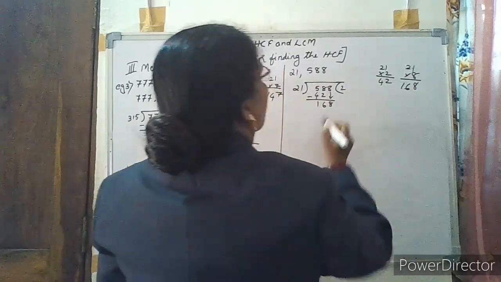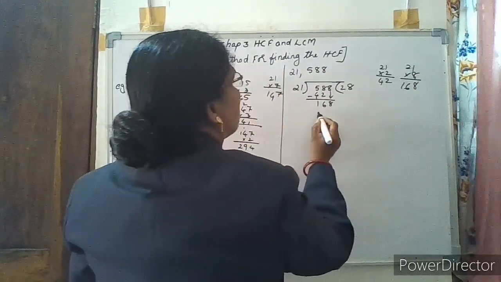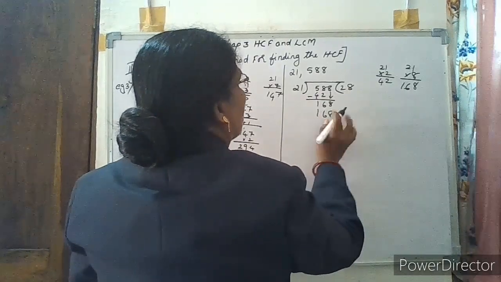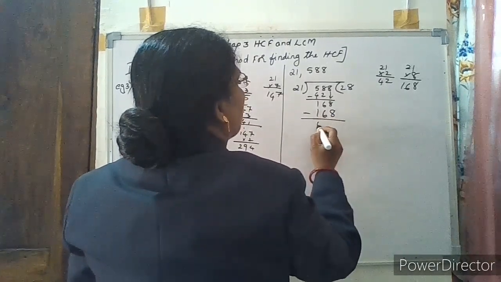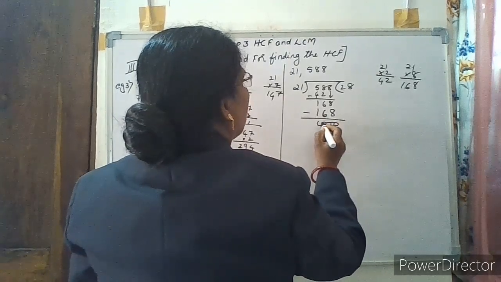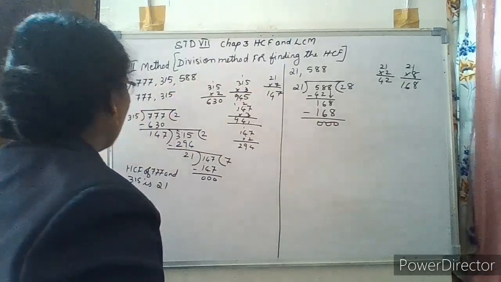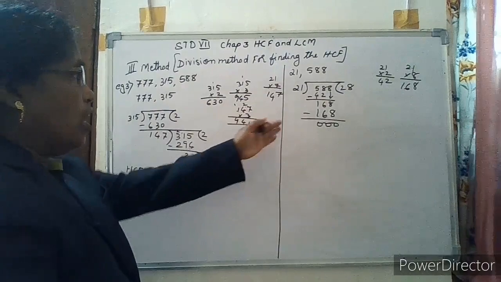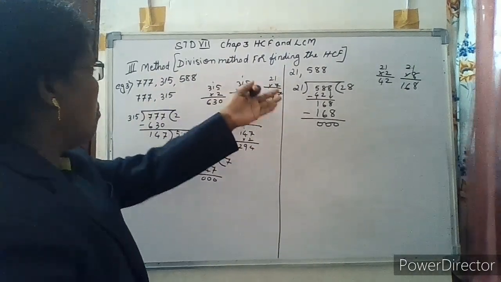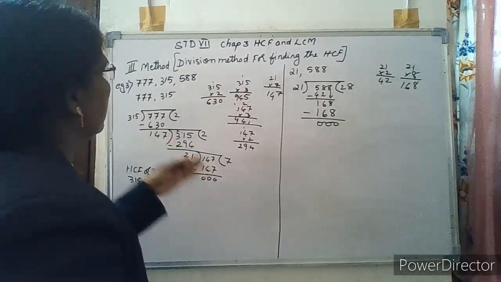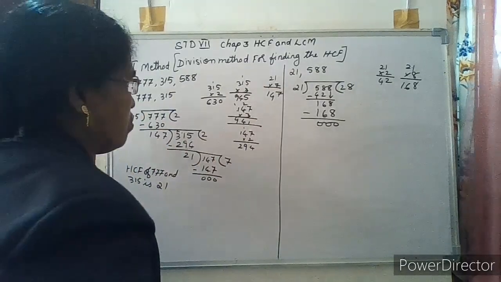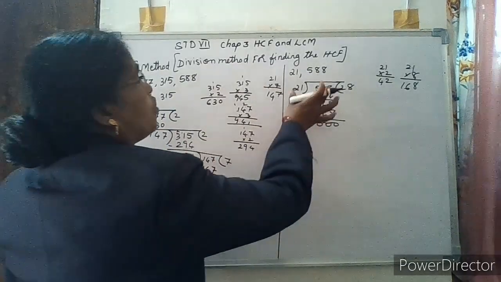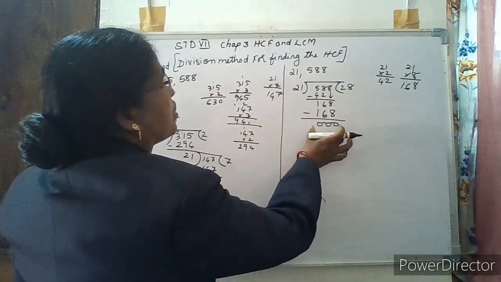So 21 eights is 168. I have done a very simple division with one step only. We got the remainder as 0. But if the numbers are a little bit complicated, we would get it like this way, long division also. Yes. So we have got here remainder as 0.